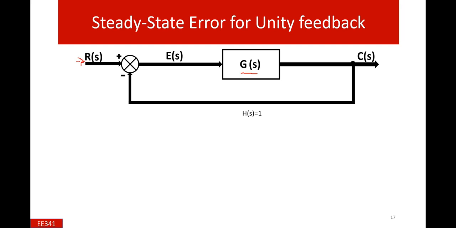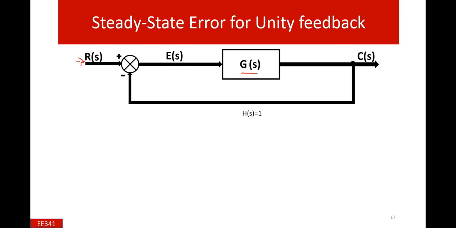In our case, first of all, we want to observe the unity feedback. If it is not unity, then it is another case we will study later. For example, in this case, H(s) is equal to 1.